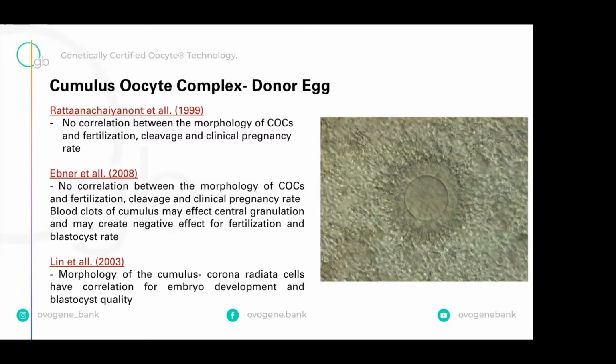So when we do the egg pickup, we try to totally avoid blood cells and big cumulus cells before denudation of the oocyte. If the cumulus oocyte complex is very thick, this directly affects the quality of the oocyte and also its cytoplasmic activities.